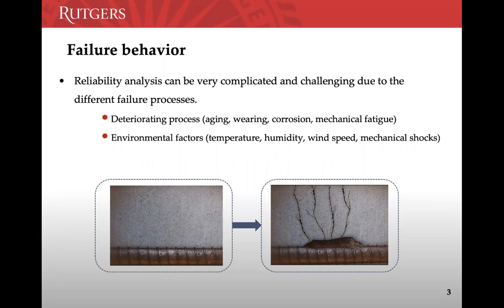This photo shows a rebar that is located inside the concrete. This rebar degrades over time and reacts with different environmental factors, and it occupies a space 6 times that of a new rebar. This increase in the size of the rebar causes cracks in the reinforcement and eventually causes the failure of the system.